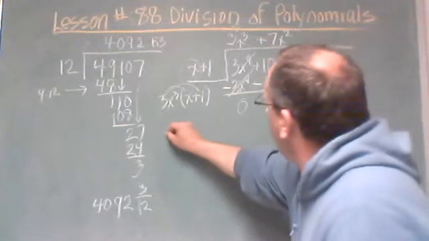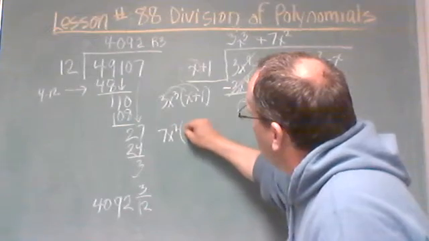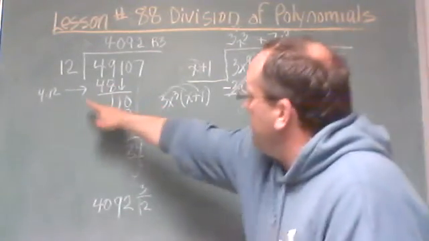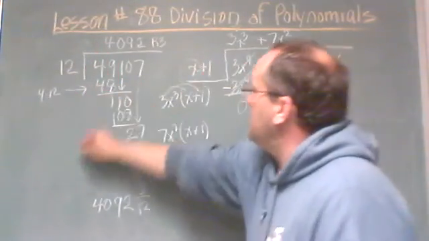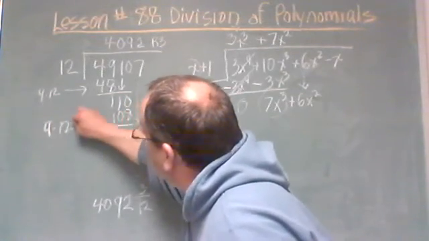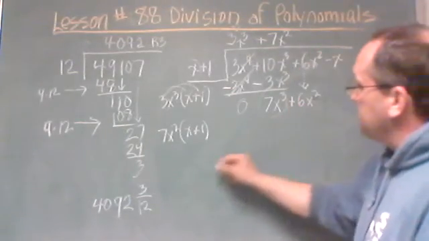Okay, I multiply those out. 7x squared times x plus 1, just like up here. 4 times 12 is 48. 9 times 12, I should say, equals 108. Okay, it's the same thing here.